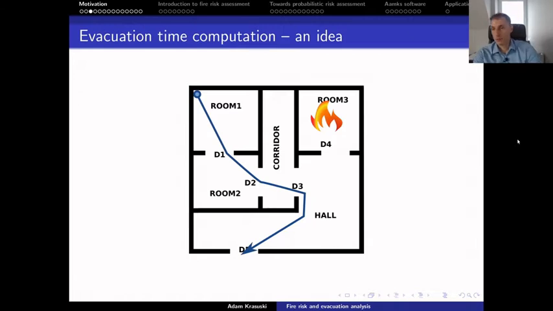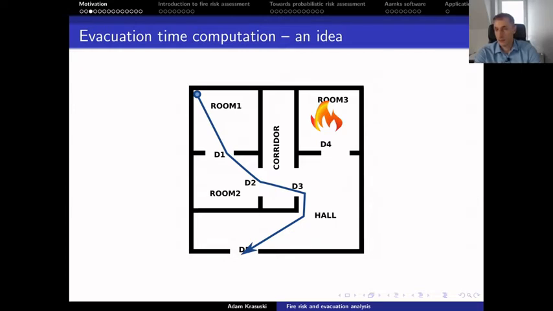How do we calculate RSET? RSET is the time needed to evacuate from the building. So the general idea is to find the most distant place in the building and calculate the travel time from this place to the exit.